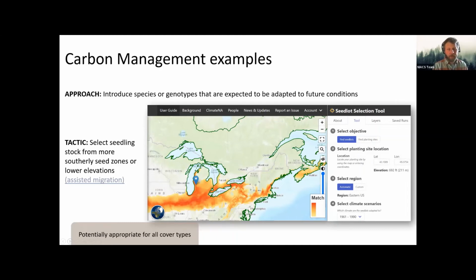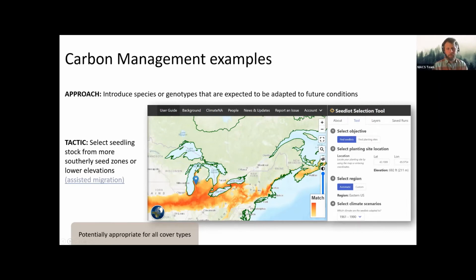Assisted migration is something that people sometimes bring up in conversation as an opportunity or something to think about. It has a lot of considerations that I think are really important to be thinking about when doing so.